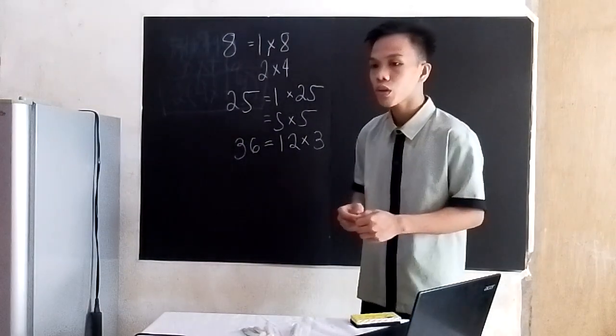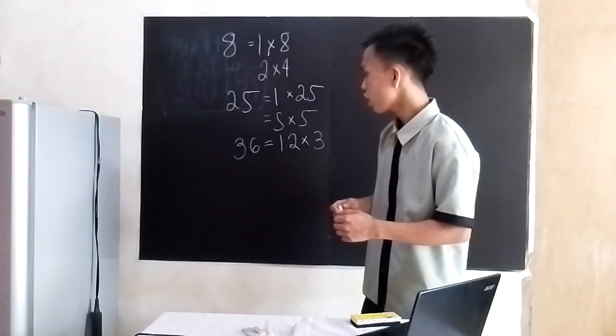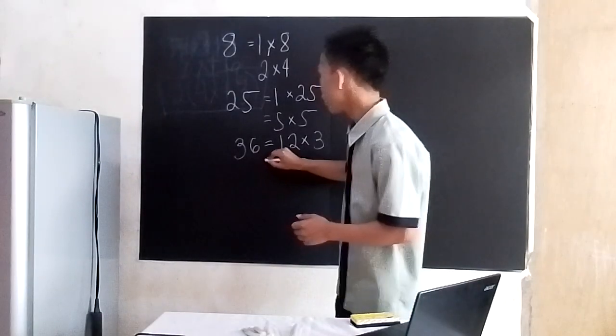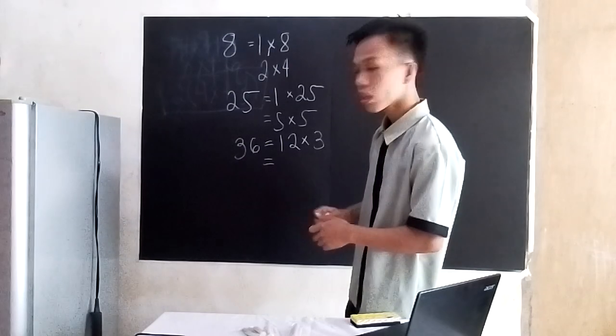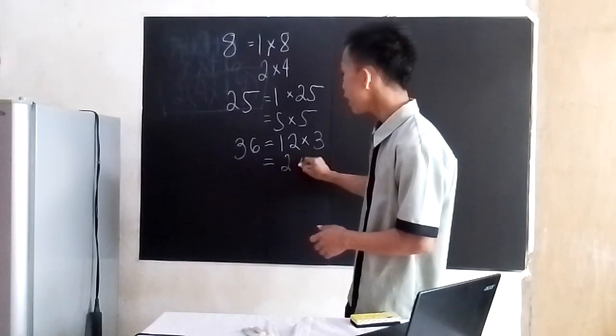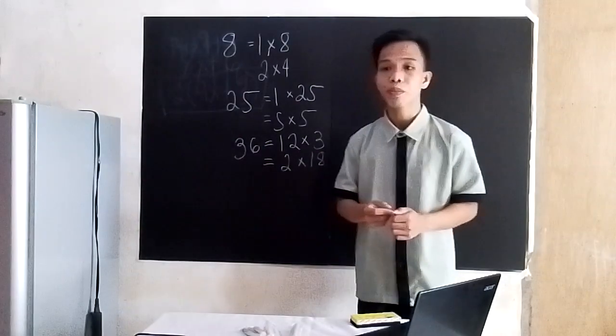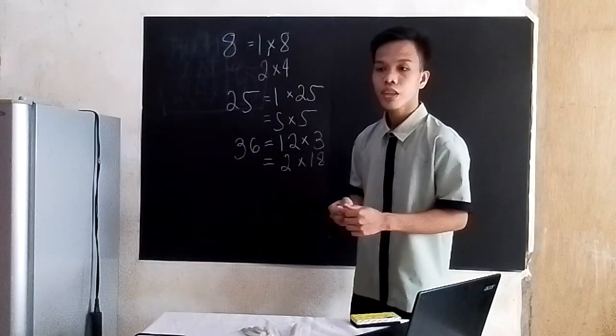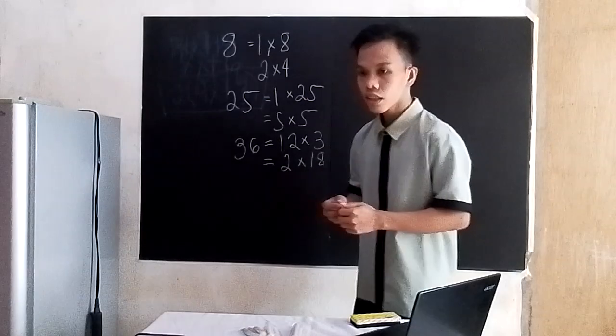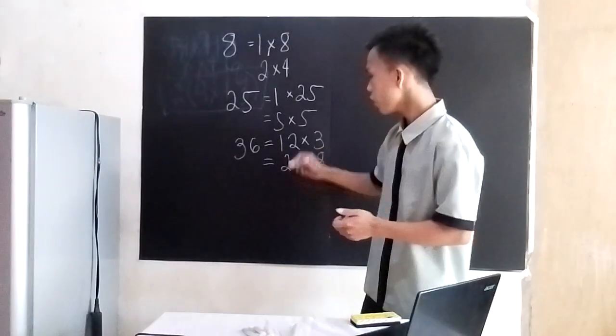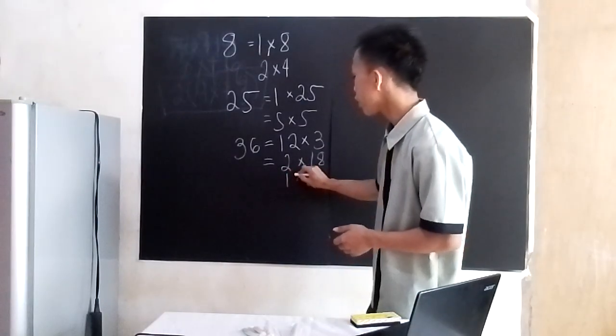Is there any other multiplicand and multiplier? That's right. It can be 2 and 18. Another. Yes, Alcantara. That's right. So 1 and 36.